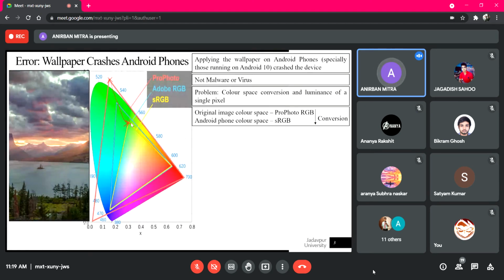The Google color engine, for the life of it, could not convert one particular pixel somewhere in this golden region of this photograph, somewhere around here. That particular pixel created the problem. To be more specific, the problem was with the luminance of a single pixel.